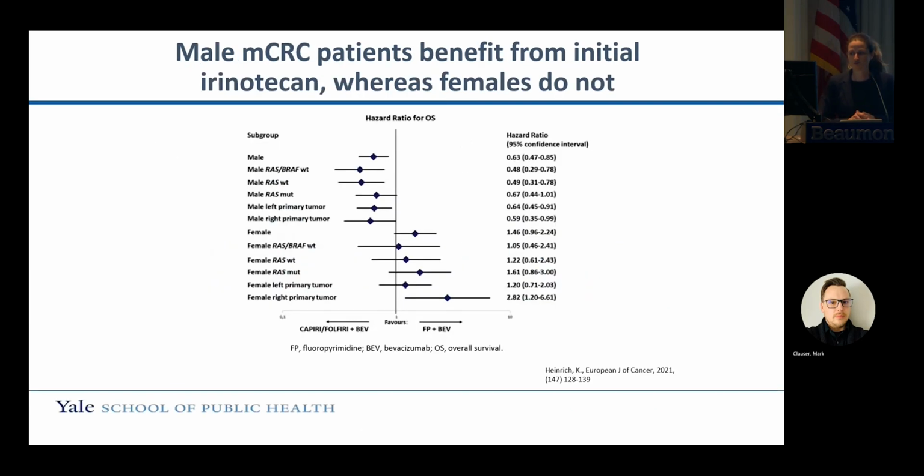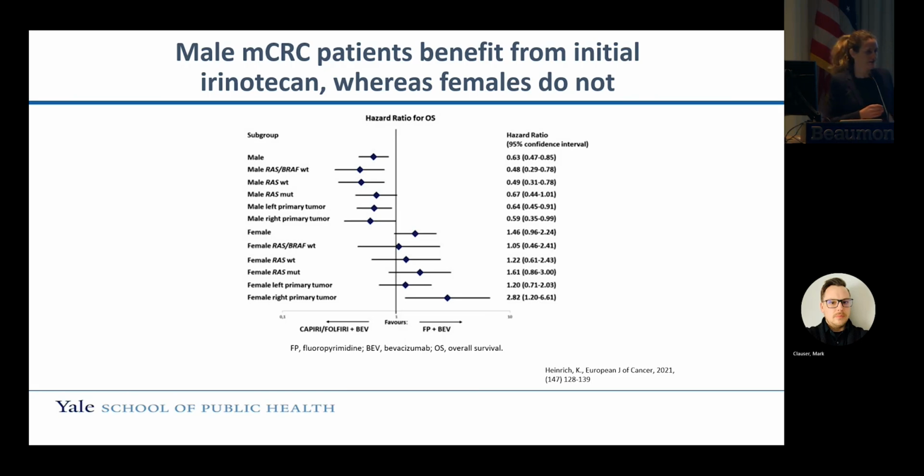There have also been some differences seen by sex in terms of therapeutic responses in colon cancer. So this study from a couple of years ago looked at differences in responses to either a 5-fluorouracil and bevacizumab treatment, or a combination treatment which also included irinotecan.